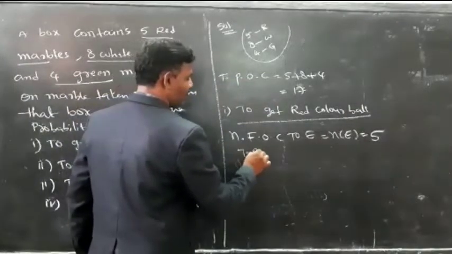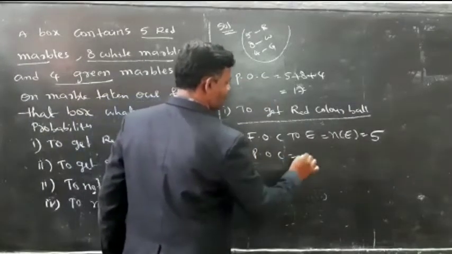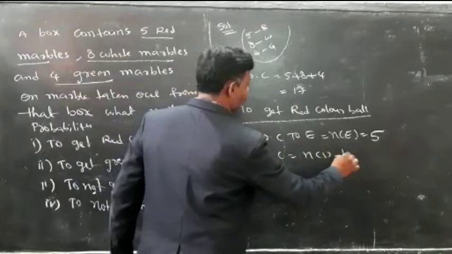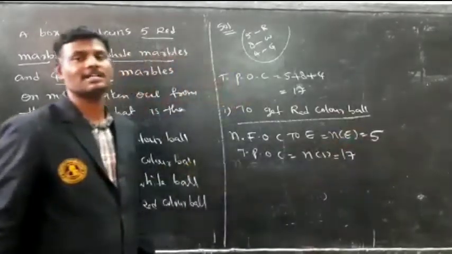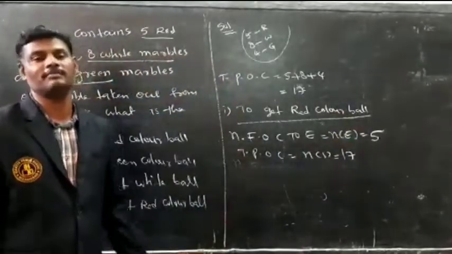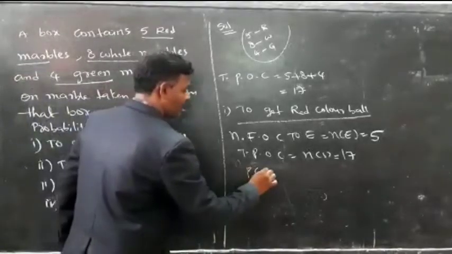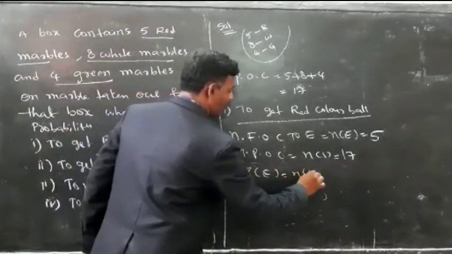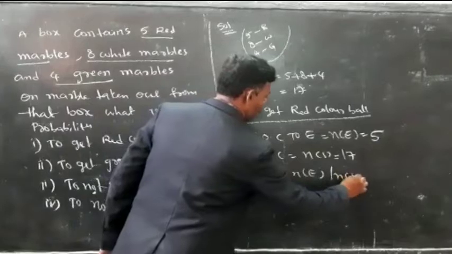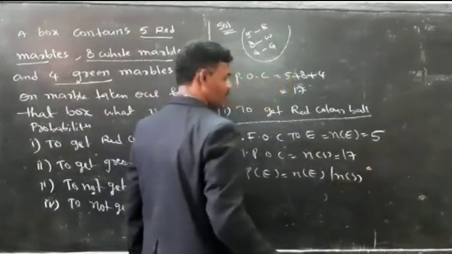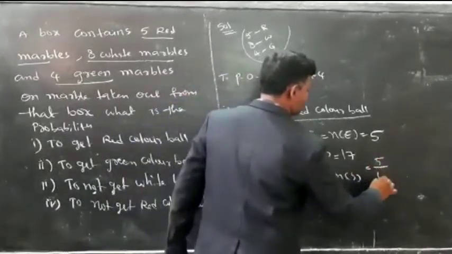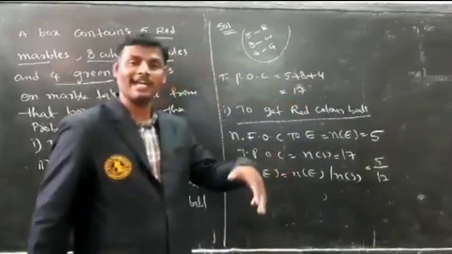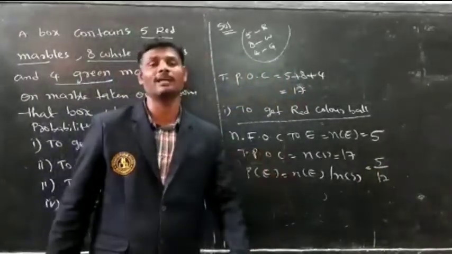Then total possible outcomes N of S is equal to 17. There are 17 chances to take one ball from that bag. So P of E is equal to N of E by N of S, which is 5 by 17. So there are 5 chances to take a red color ball from the bag.